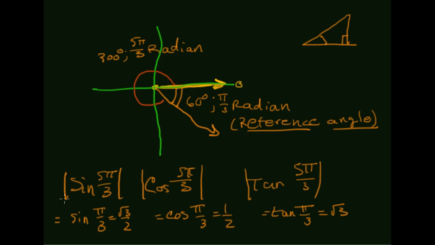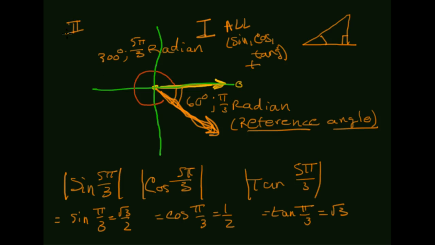Now, we'll do a deep dive later about why this works, but if that terminating side ends up in quadrant 1, all three, sine, cosine, and tangent, will be positive. Okay?